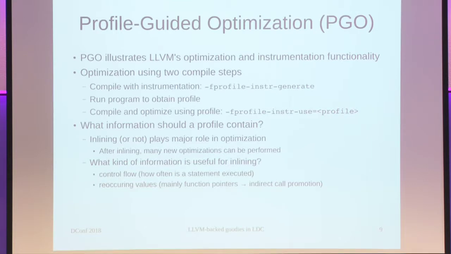And then the question is, what kind of optimizations can you do with a profile, and what information should this profile then contain? One of the biggest optimizations that you can do is inlining. Once you inline a function, this opens up the possibility of many new optimizations.